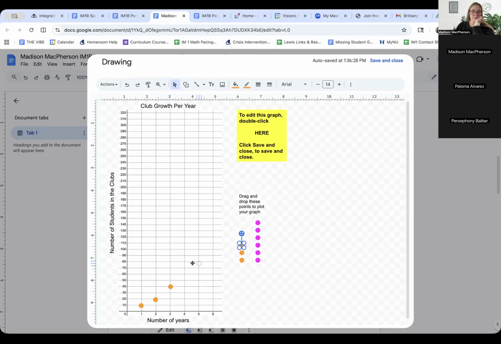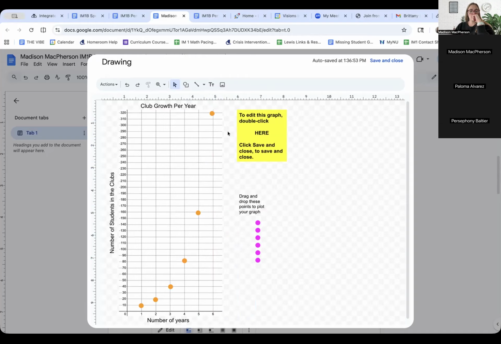Doubled again, and now we had 80 students. Then we doubled again, and we had 160. And then we doubled one more time, and we had 320. Okay, again, it does not need to be perfect, but try to get it as close to those little crosshairs as possible.